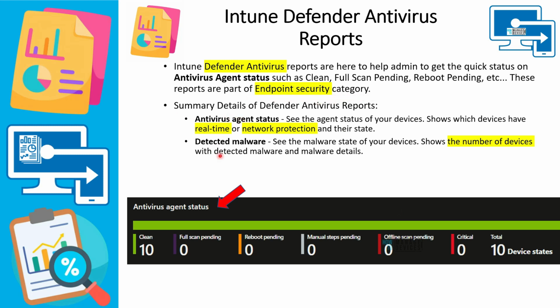There are 2 reports available in the Intune portal for Defender antivirus. The antivirus agent status report gives you all these details, real time or network protection, etc. The other one is detected malware, to see the malware state of your device. It shows the number of devices with detected malware, and malware details are also shown in this report.